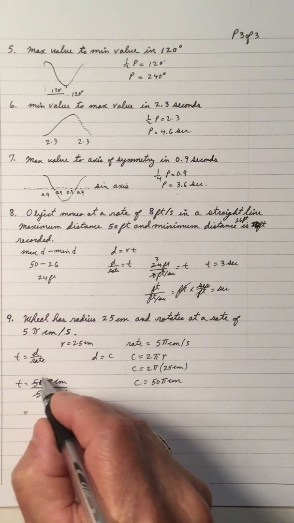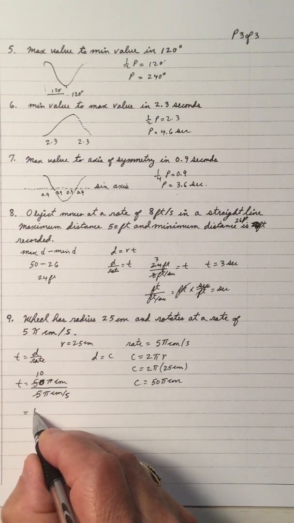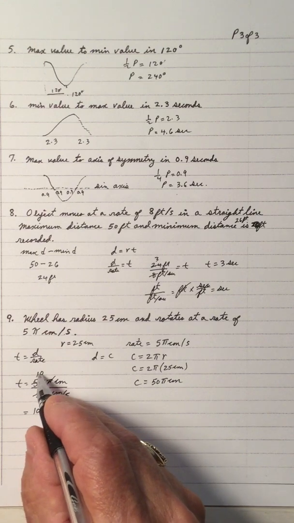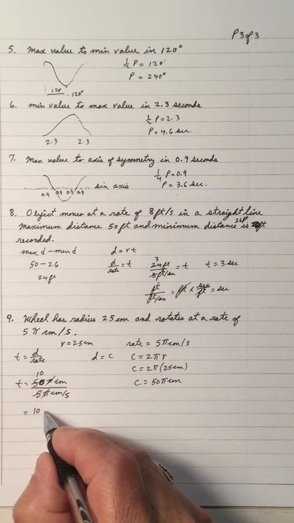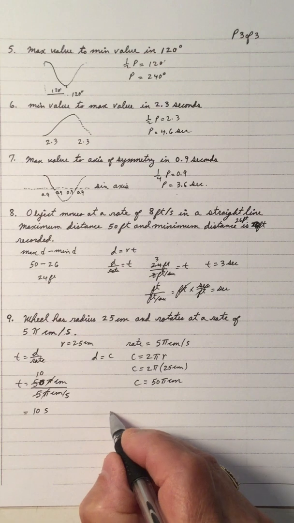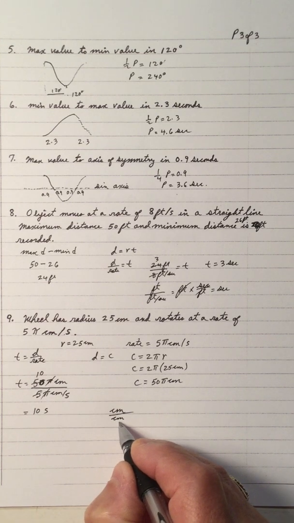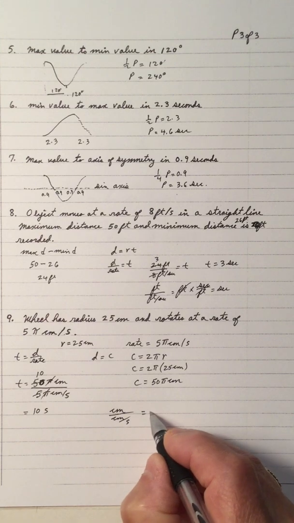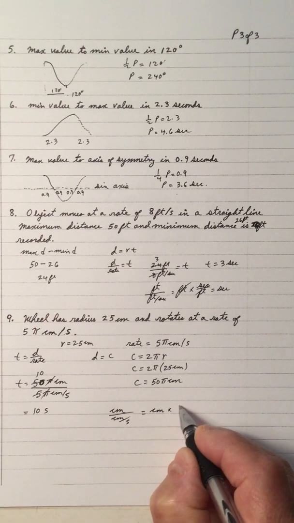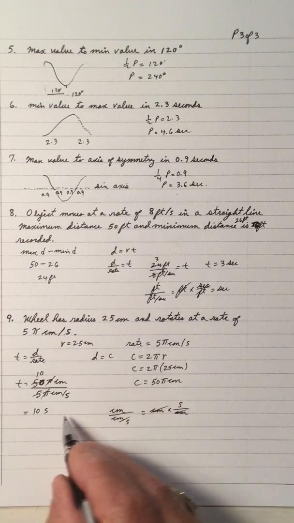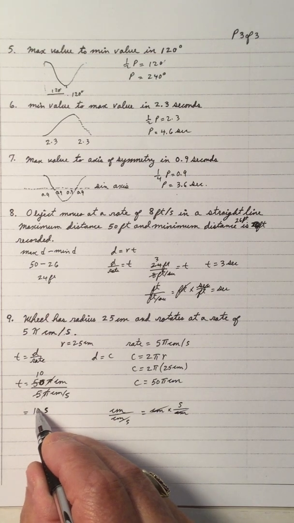And 5 into 50 goes 10. And again, the pi's cancel out. This converts to seconds again. Centimeters divided by centimeters per second is centimeters times seconds divided by centimeters. Centimeters cancel and I get seconds. So the time is 10 seconds.